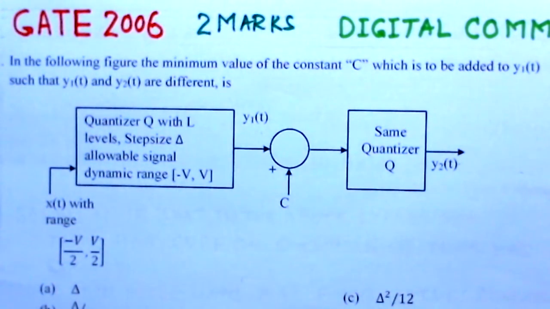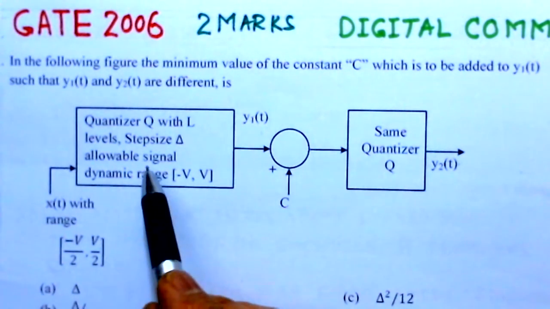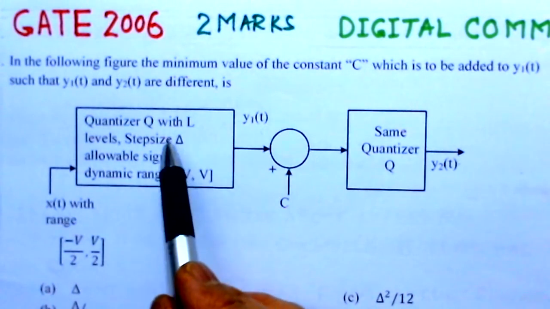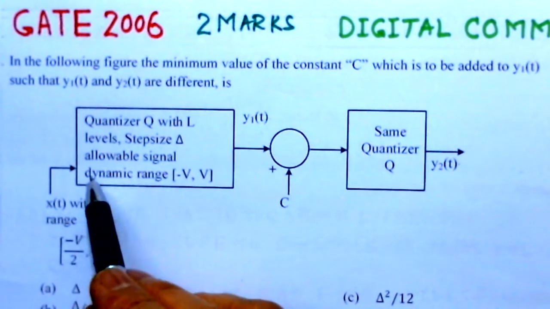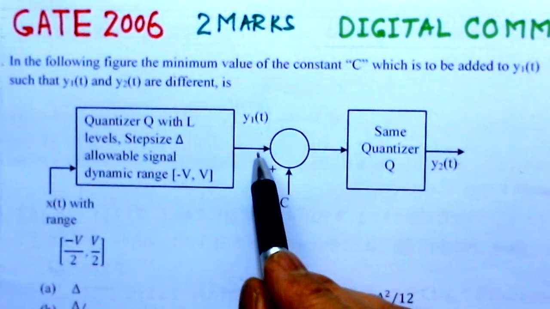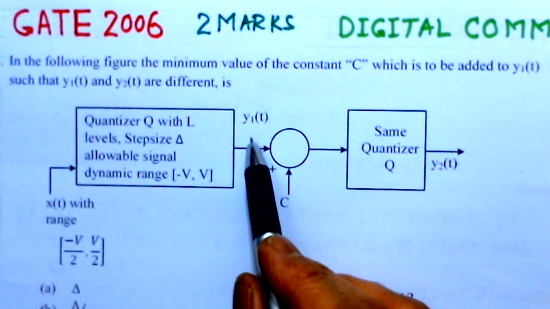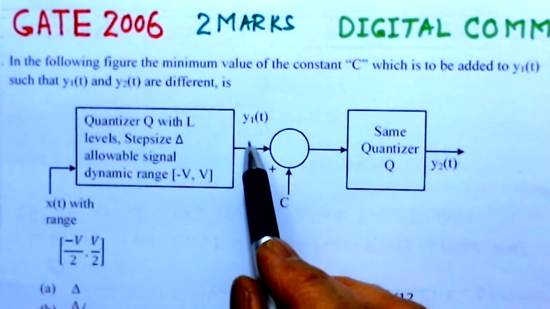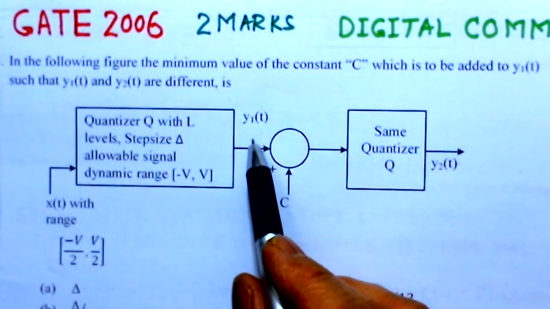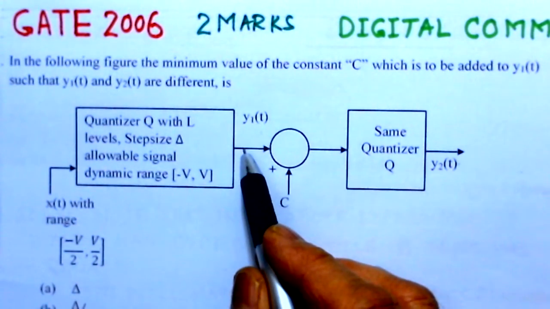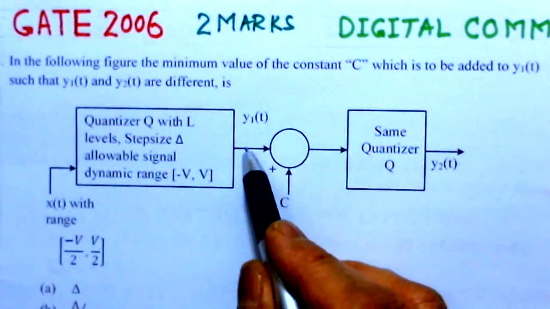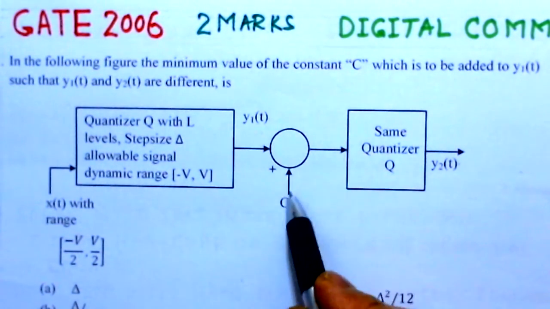Then what we observe here is that this quantizer 1, depending upon the input applied, will give some output y1(t), and that output would be the quantized, approximated value.